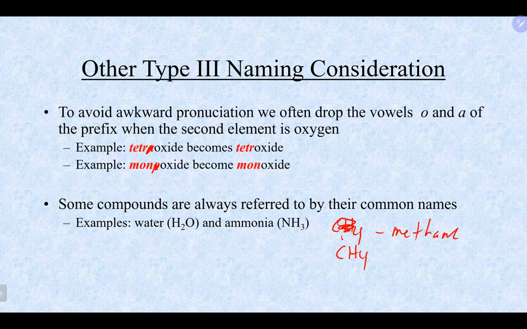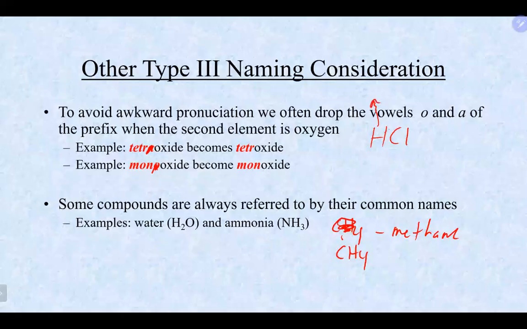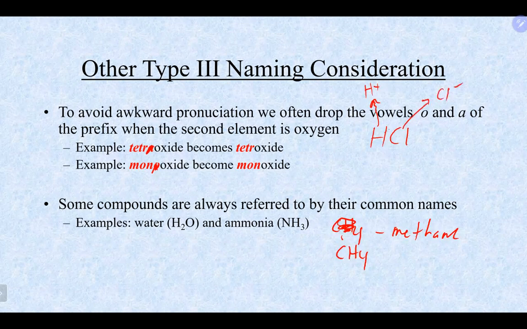In addition, I think we might have talked about it, but just to make sure, hydrogen really doesn't follow type 3 naming. If you have something like HCl, for example, it's thought of more as an ion and a type 1 compound, even though it really is a nonmetal. So this is thought of as H plus and Cl minus. So this would be hydrogen chloride.